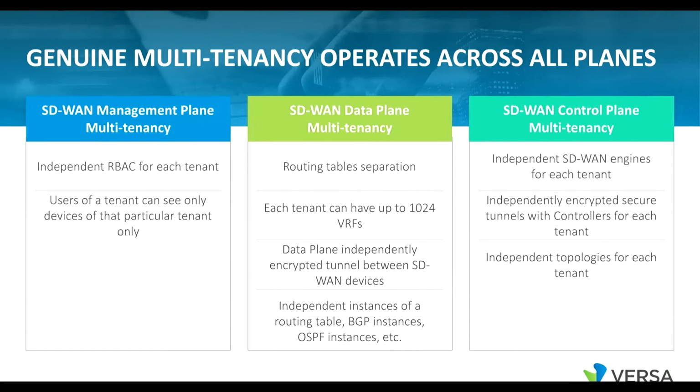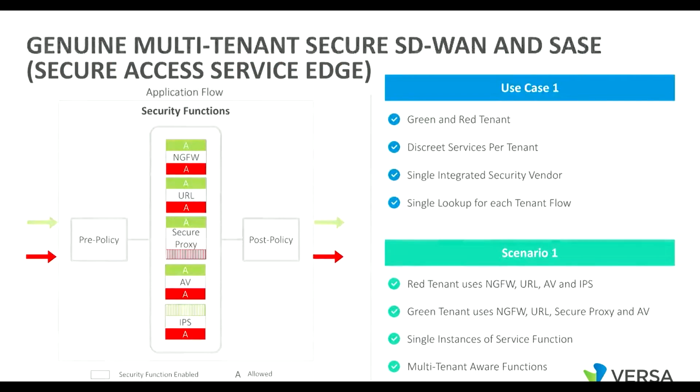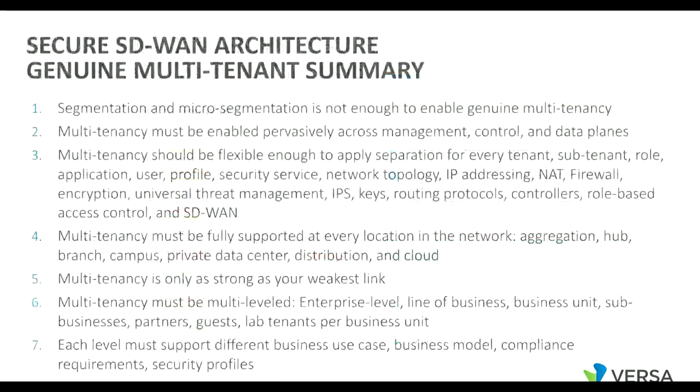That's fantastic. Neil, maybe, do you think you can summarize? I know it's probably not that easy, but to go through that genuine multi-tenancy architecture for secure SD-WAN and what are some of the key takeaways, I guess?